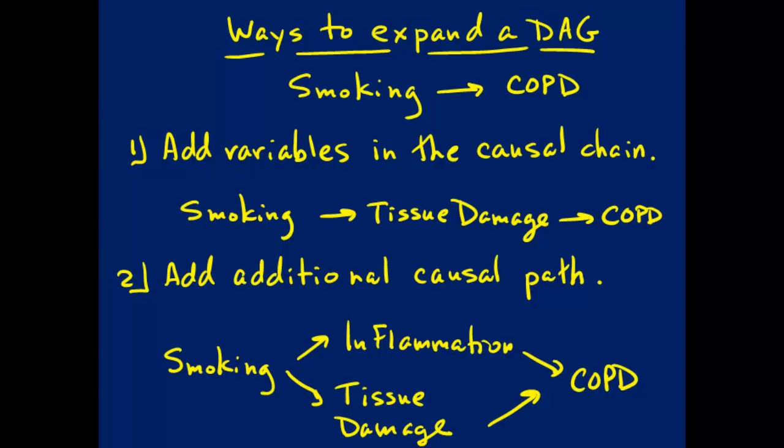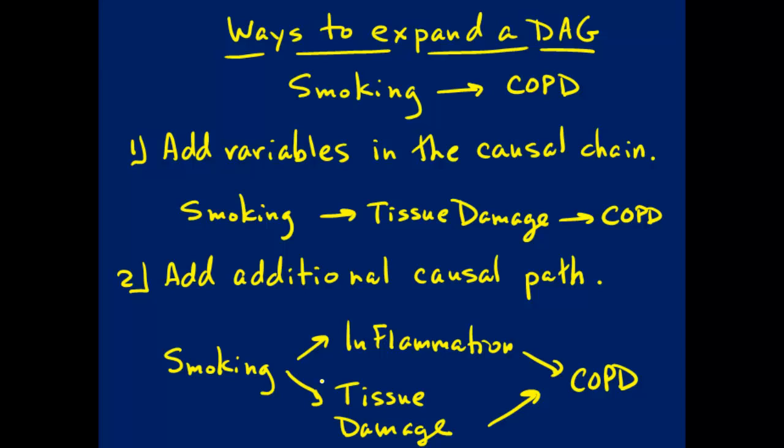Whenever you see in your DAG that you have this kind of chain of causes going in a line, or you have multiple pathways between one variable and another variable, you need to ask yourself, is that a complete view of your idea of the causal structure of reality?